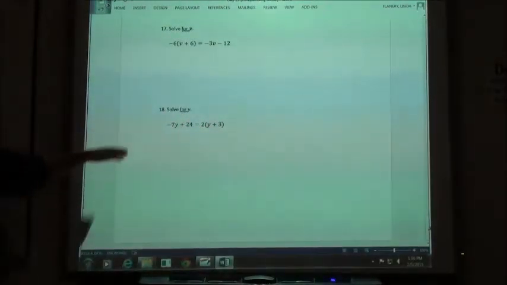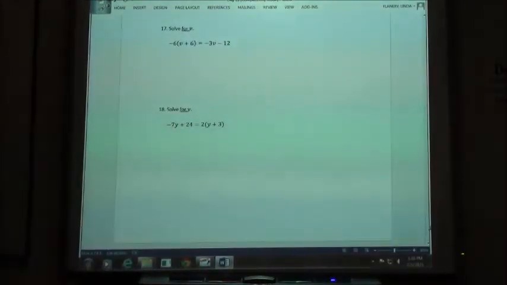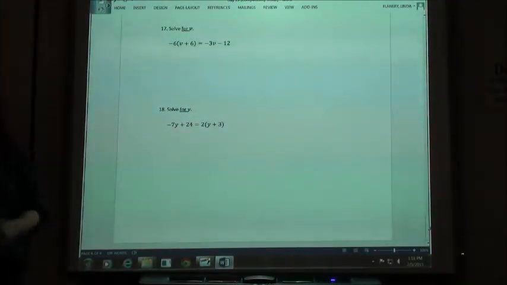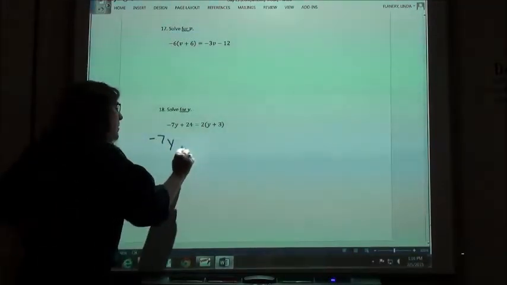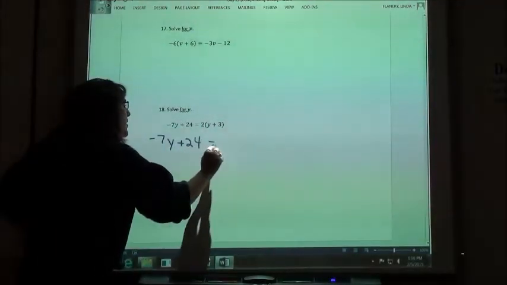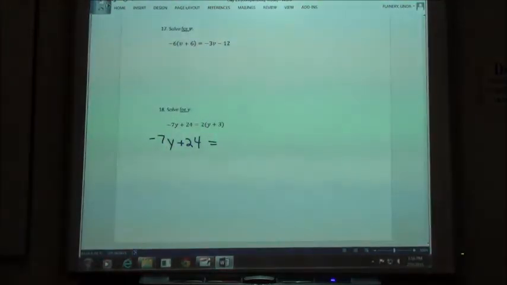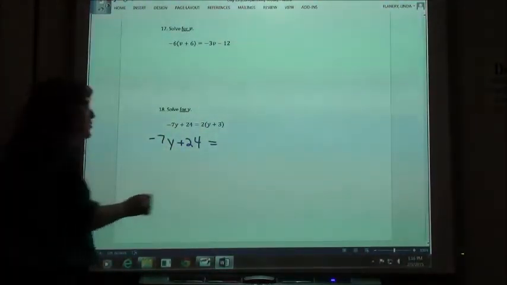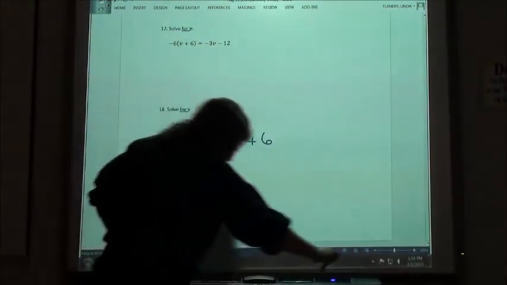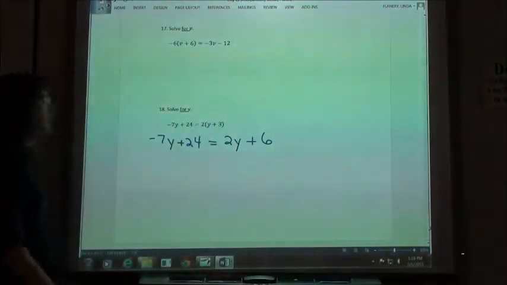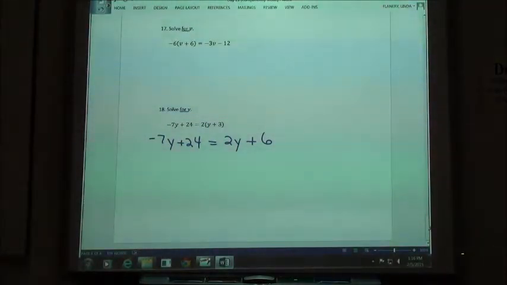So number 18, first thing I'm going to do: parentheses? Get rid of those parentheses. So I'm still going to have negative 7y plus 24. It's going to equal, what's on the other side? 2y plus 6. So if I want to solve that for y, what's the next thing I probably want to do?